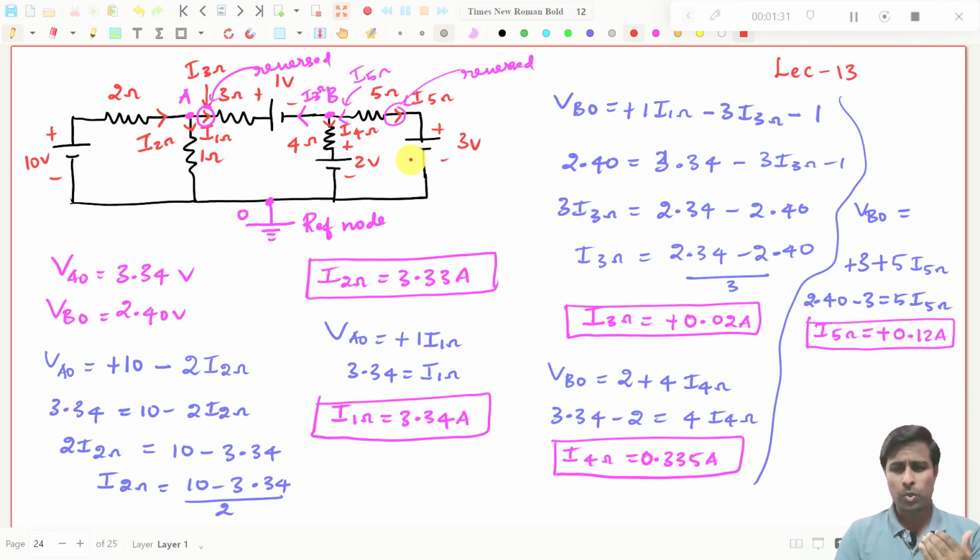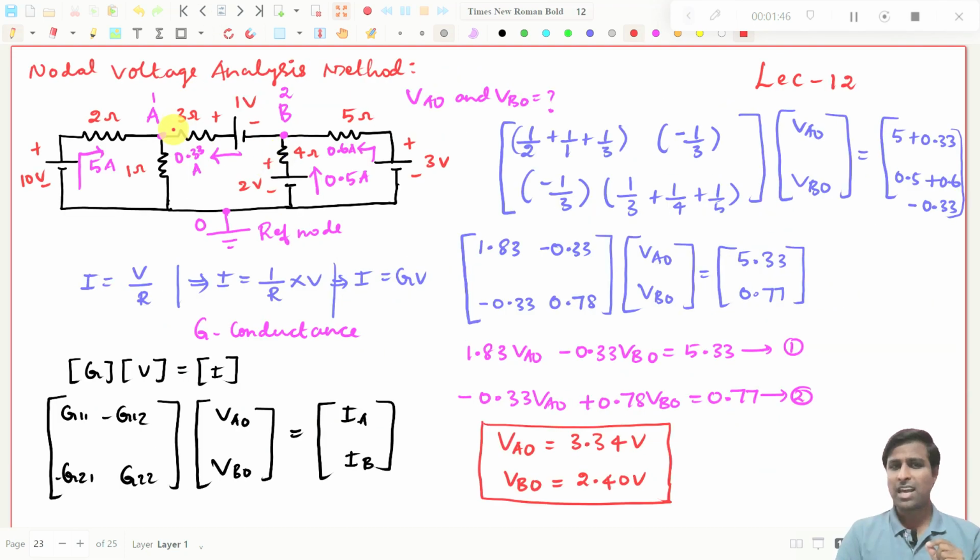The nodal voltage analysis method is very simple. Instead of finding how many loops there are, you need to find how many nodes there are. In this problem we have node A and node B. The ultimate aim is to find the node voltages, VA and VB.